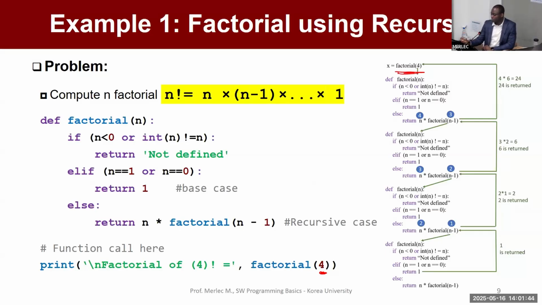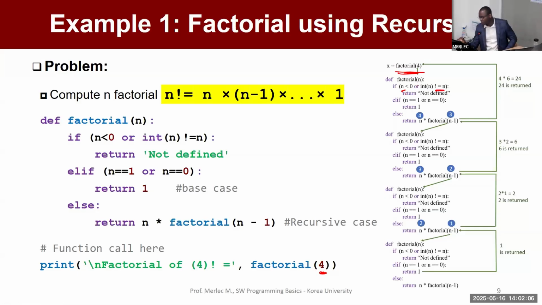This function will be called here, and at this time we check whether 4 is bigger than 0. That is true, and 4 is different from n, which is not true.